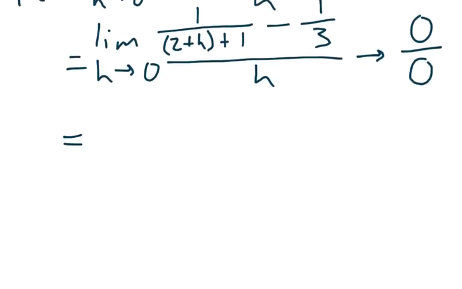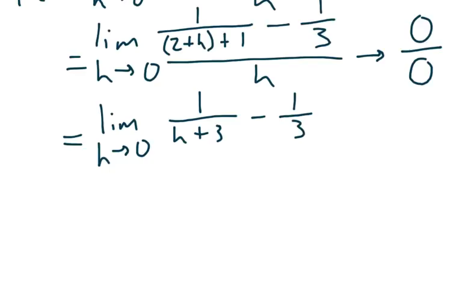Let's reevaluate what we have in the numerator by simplifying. We have the limit as h approaches 0 of 1 over h plus 3 minus 1 over 3, all divided by h. Because this expression involves fractions inside other fractions, I'm going to do what I can to eliminate those.